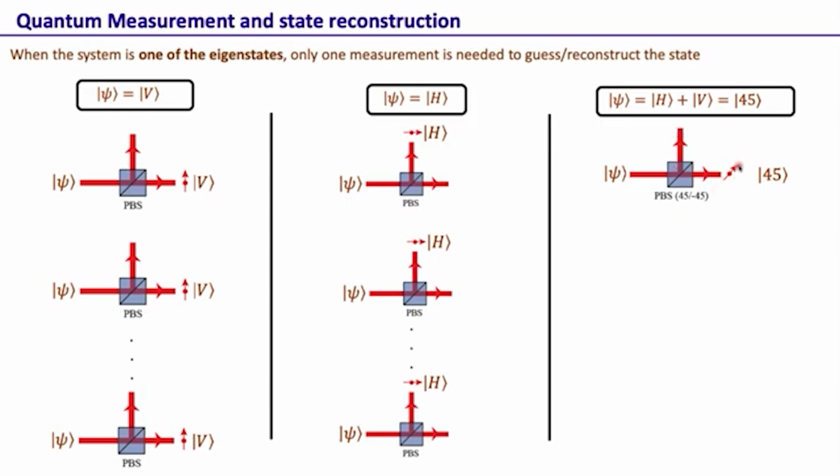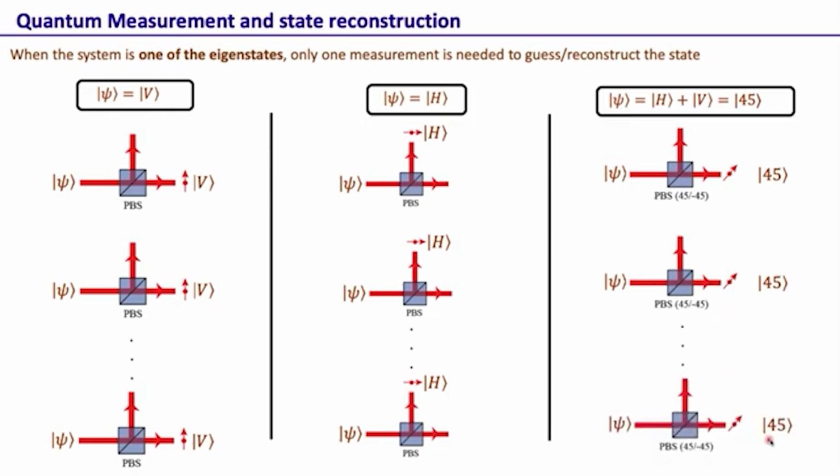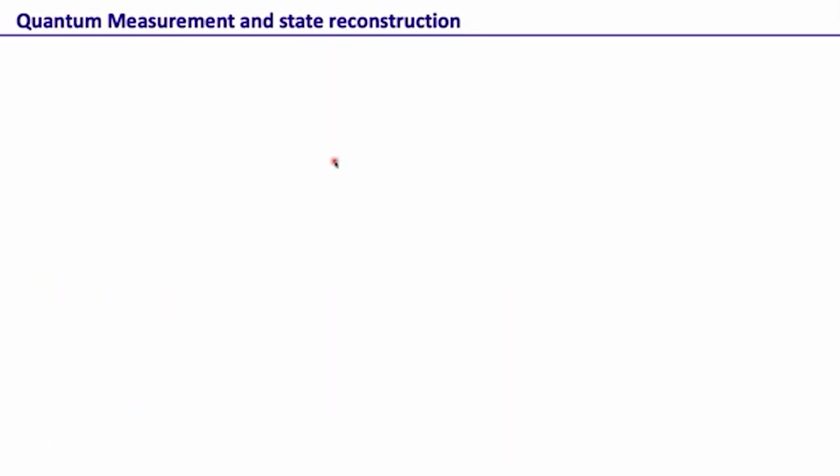Once we see the photon coming in here, we know that it is 45-degree polarized. Repeating this measurement several times won't yield any different result, because each time it has to come out in this direction only. So again, if we know that the system is in one of the eigenstates, we can bring in the measurement device in that particular eigenbasis, and then we can reconstruct the state using a single measurement.